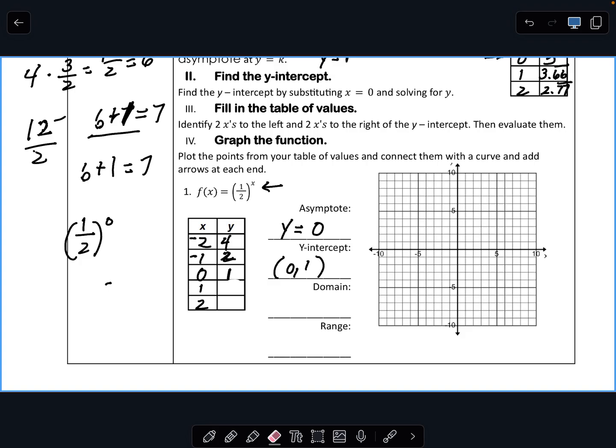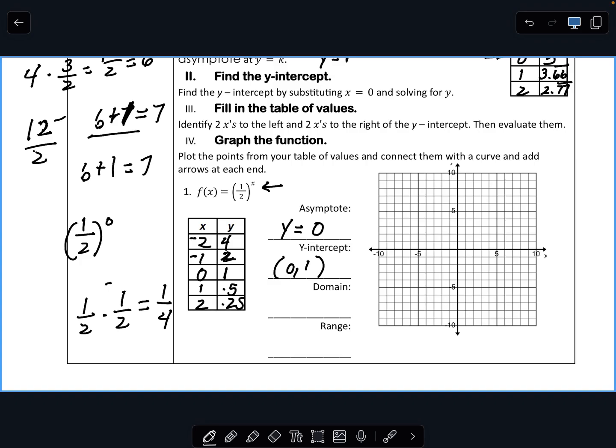This would be 0.5, because I'm going to have 1/2 to the first, and then 1/2 to the second, which would be 1/2 times 1/2 equals 1/4, so 0.25. All right, and then you're going to want to graph it.